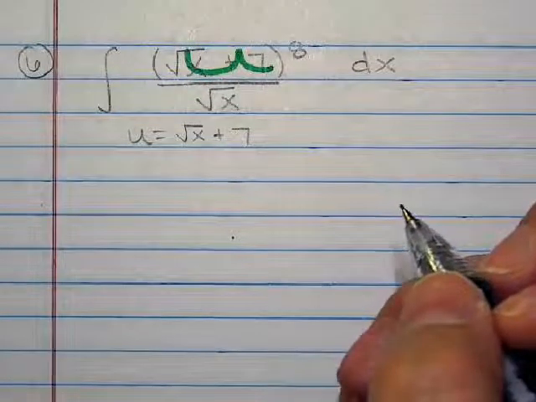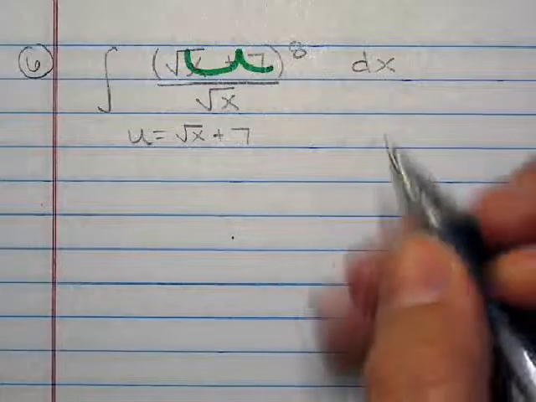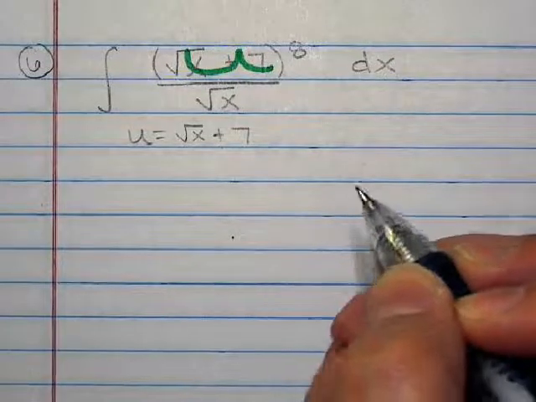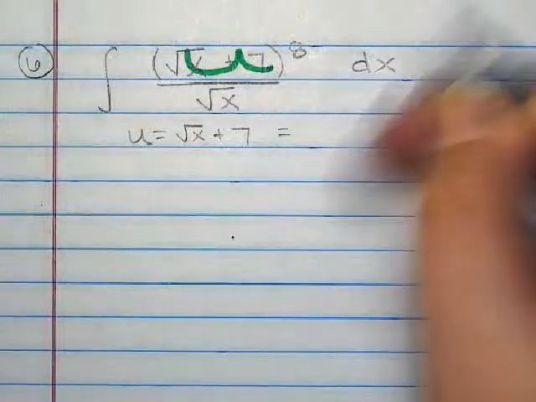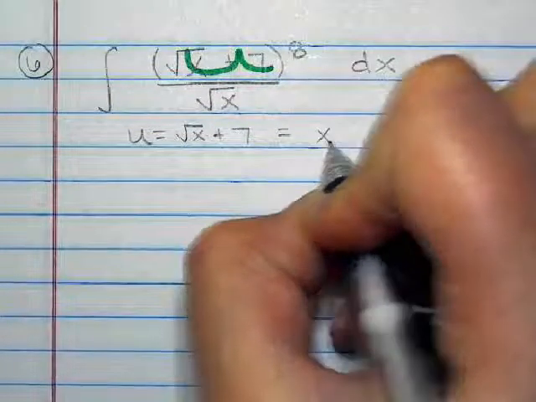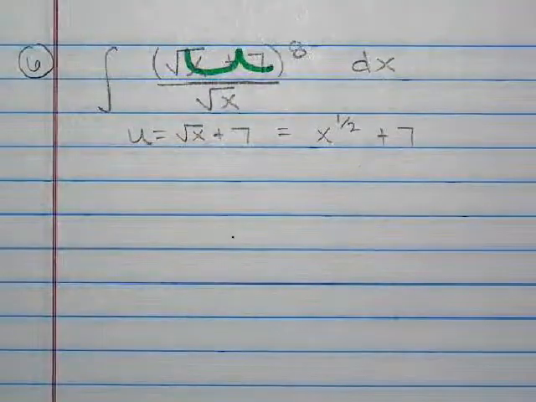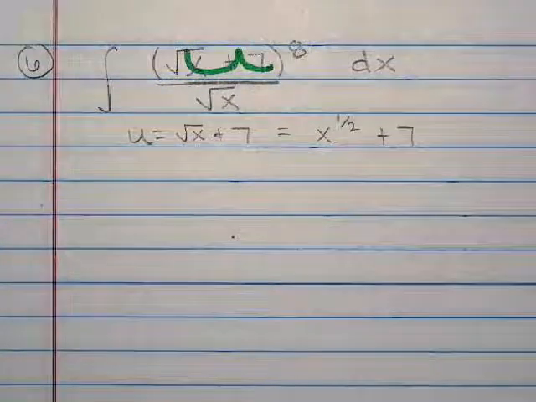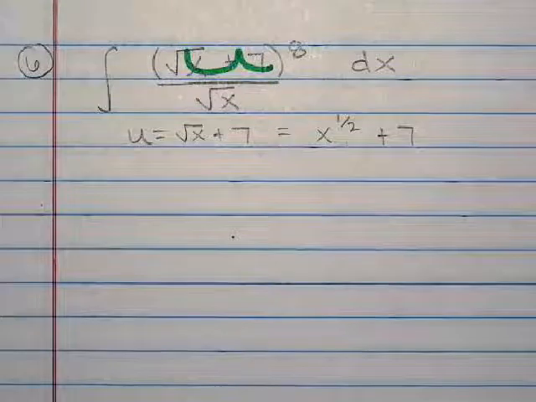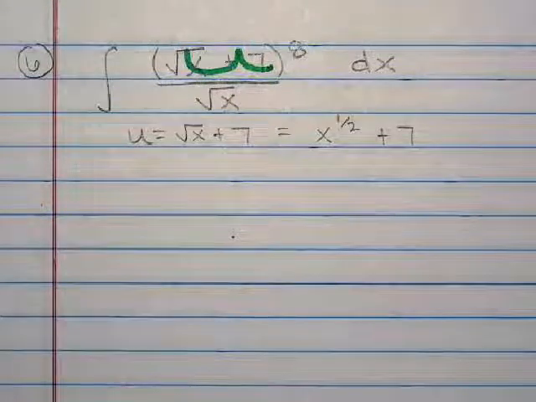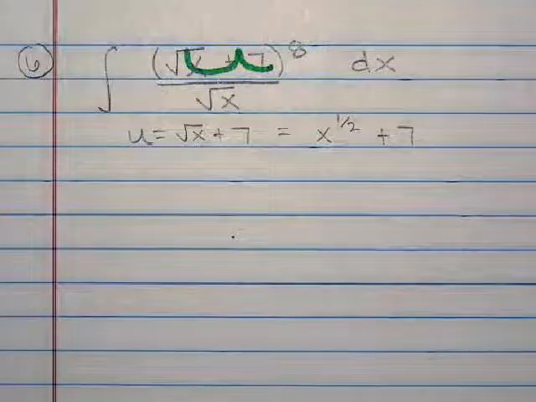All right, so I'm going to take the u and rewrite this as x to the 1/2 plus 7. Now that we have u, what do we do after that? We find du, the derivative of u, which is?